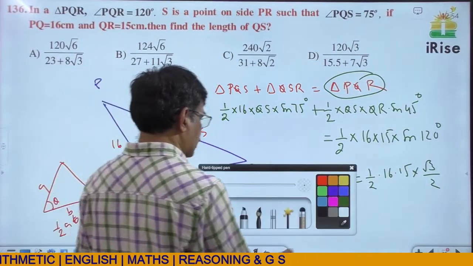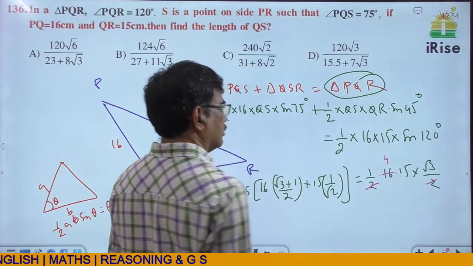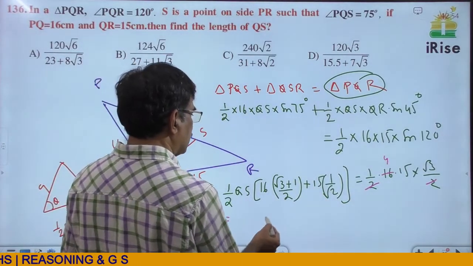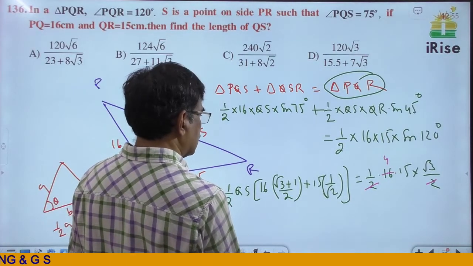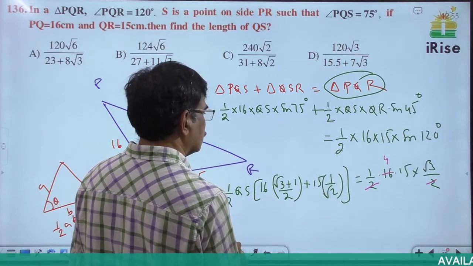So simplify this by cancellation. 2, 4 times cancel.